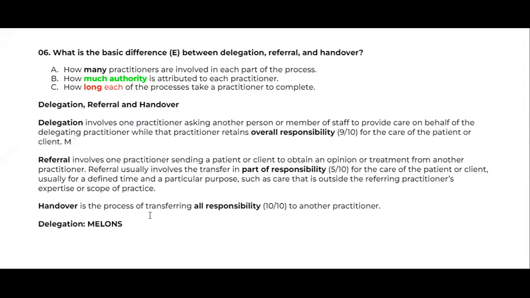Mike is transferring this to E, Emily, or Linda, to provide care on behalf of the delegating practitioner. So again Mike, and then E and L are there. This is how many practitioners are involved. Second one, can you find out the number of practitioners? How many practitioners are here?